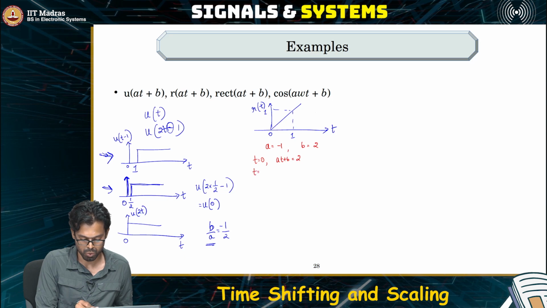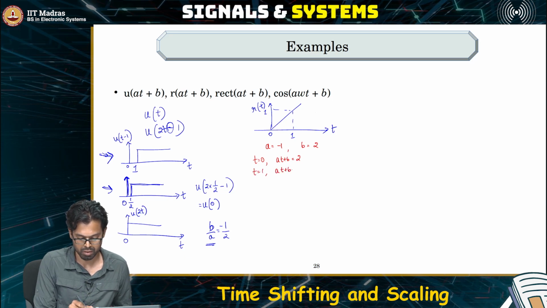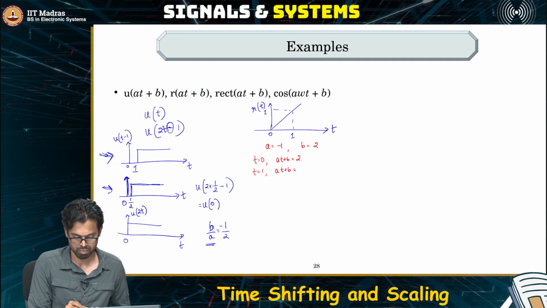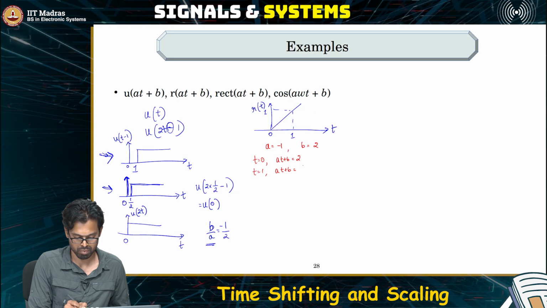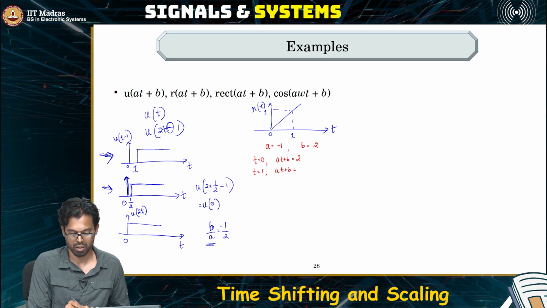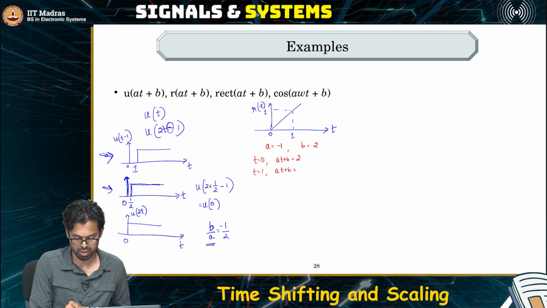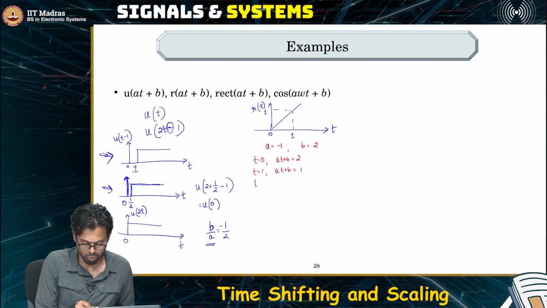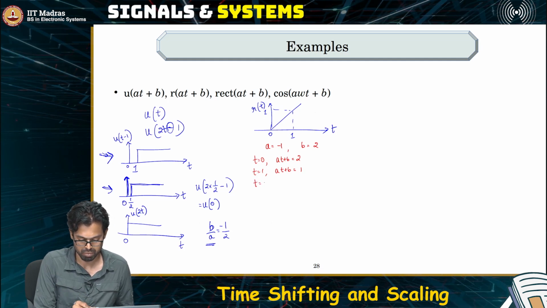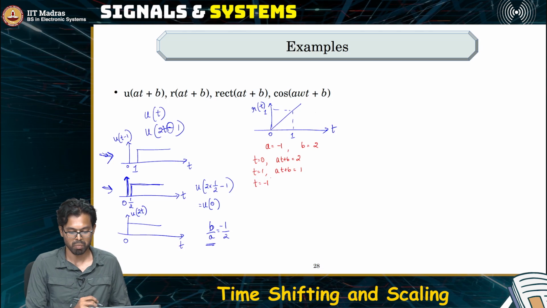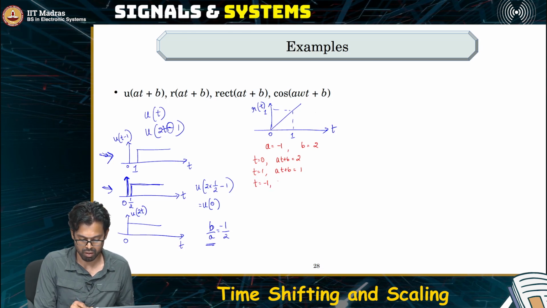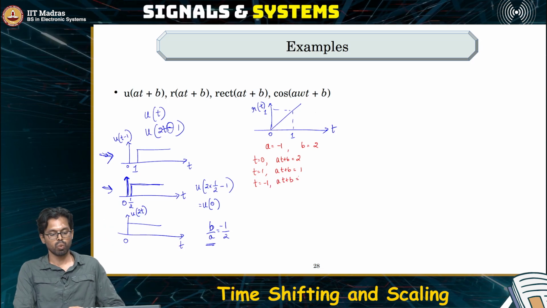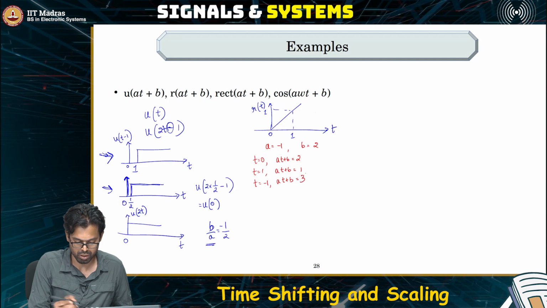And when t is equal to 1, AT plus B is equal to -1 plus 2, which is 1. And what happens when t is equal to, let's say, -1? Then we have AT plus B equal to 1 plus 2, which is 3.